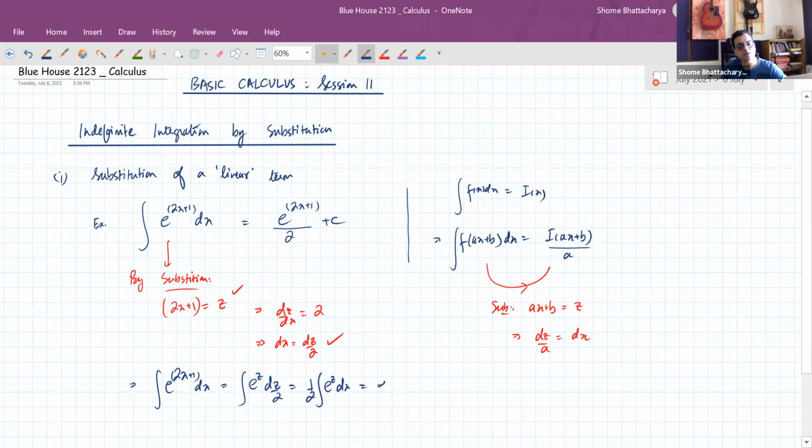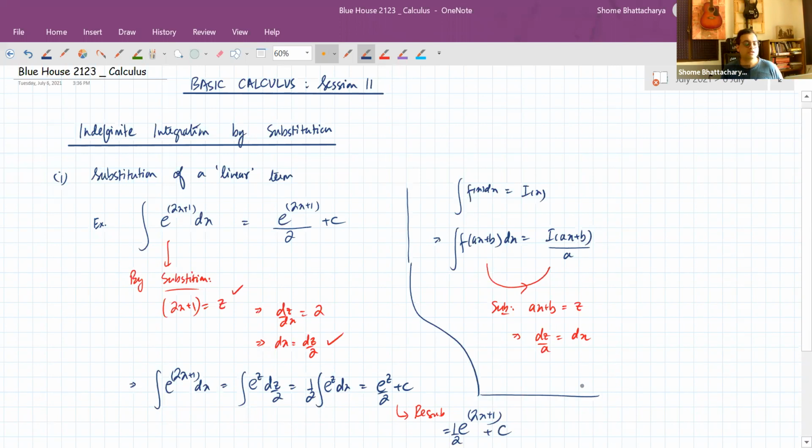And this would further be e raised power z whole divided by 2 plus c. And then we would do the resubstitution step. And on completing the resubstitution, this would come out to be e raised power 2x plus 1 by 2 plus c.